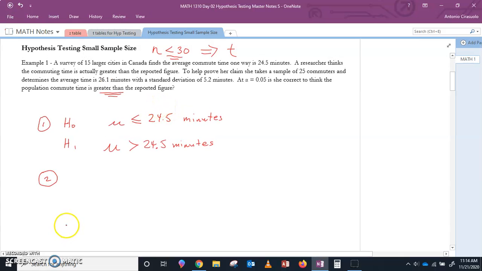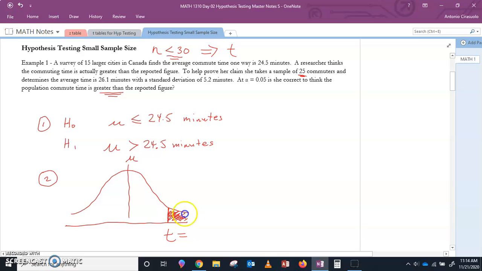Based on our question, there's our normal distribution with the mean in the center. And the mean greater than 24.5 tells us then that it is a right tail, and since our sample size is less than 30, instead of a z here, we're going to put a t-value, and we're going to go find that out.